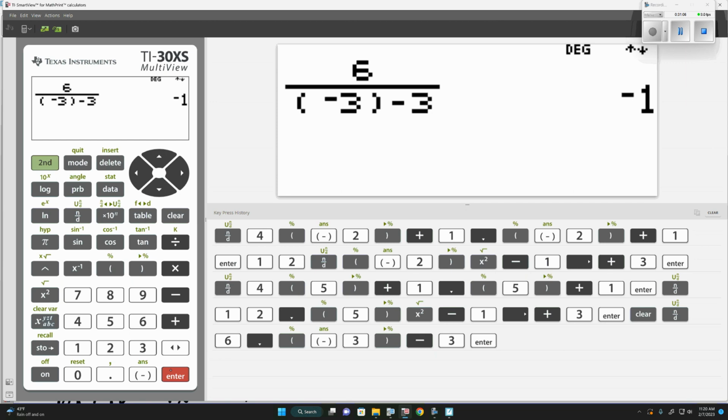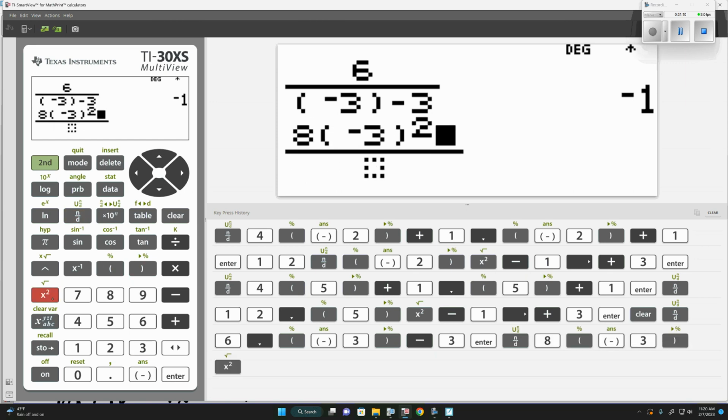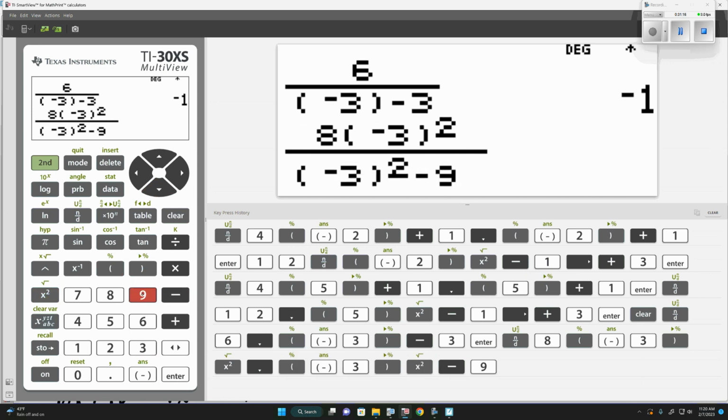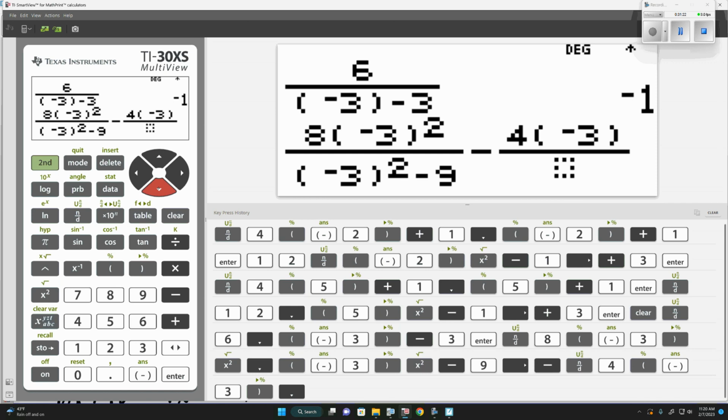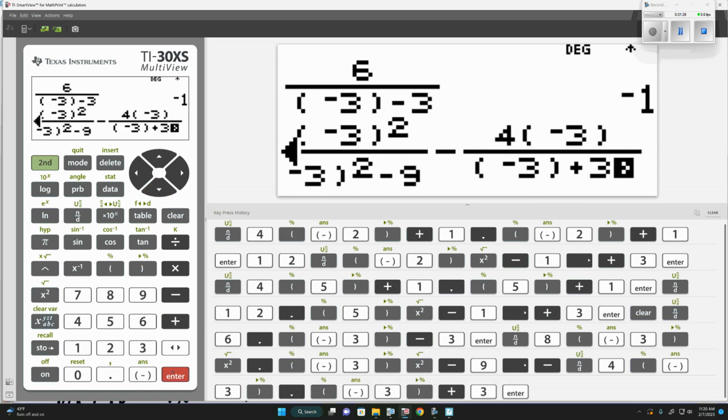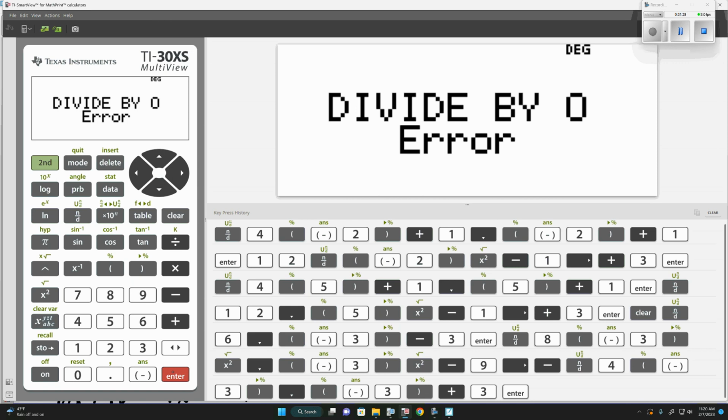Now if we look at the other side, we have 8 times -3 squared over -3 squared minus 9, minus, right, 4 times -3 over -3 plus 3. If I hit enter, division of 0. Doesn't work.